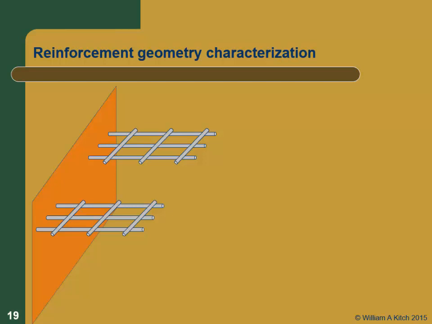So generally speaking, unless we have a sheet like the geotextile, we may or may not have reinforcing elements that cover the whole width. We can have a grid that covers the whole width behind the wall, but very often we have grids or strips that only cover part of the wall. So that's what we're really going to be talking about.